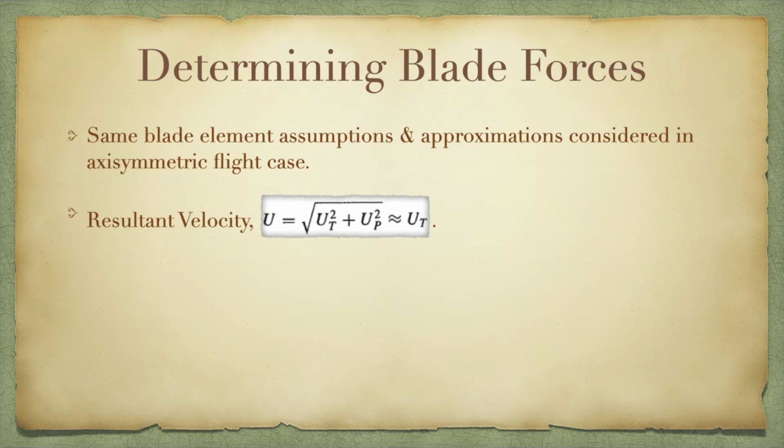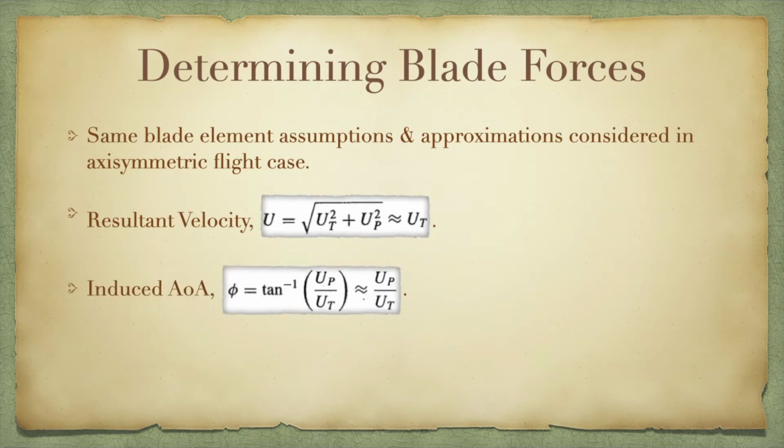So the resultant, both relative to the rotor disc plane, will be the square root of UT squared plus UP squared, which is almost equal to UT. Why approximately UT? Because UP is generally small relative to the in plane velocity UT. This is considered for most of the blades.